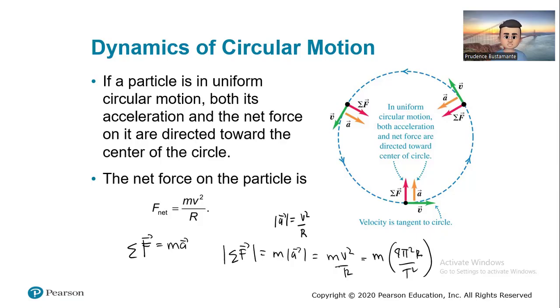So the net force is equal to mv squared over the radius. If you have a radius r and the magnitude v, which is the speed, the net force is equal to the mass times v squared over r.